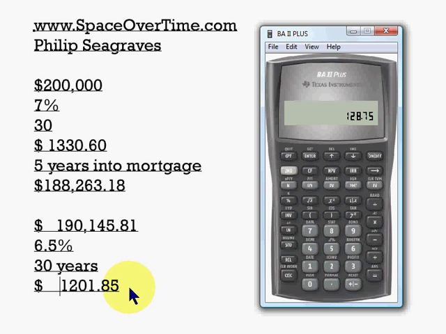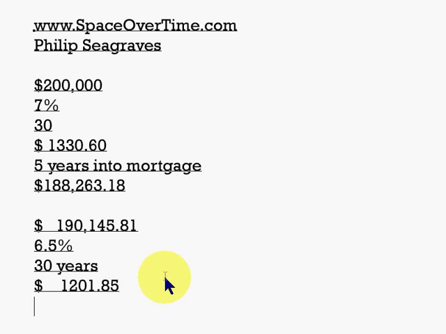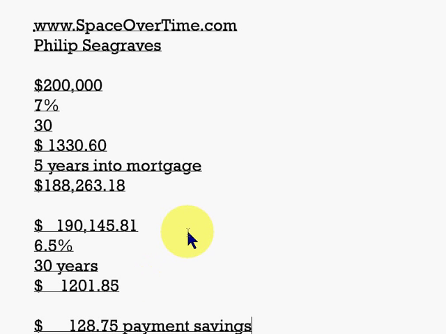So our payment savings is going to be not too shabby. So our payment savings is $128.75 every single month. So we're going to be saving that every month. That's not so bad. I'd like to save $128.75.